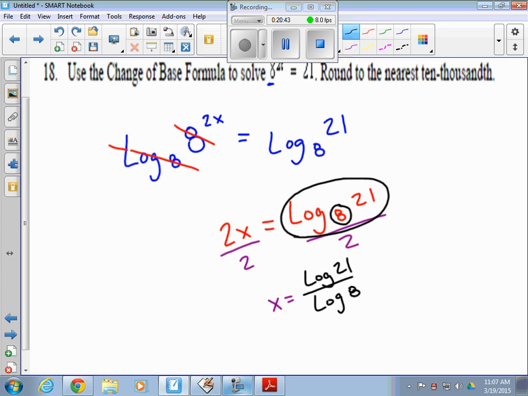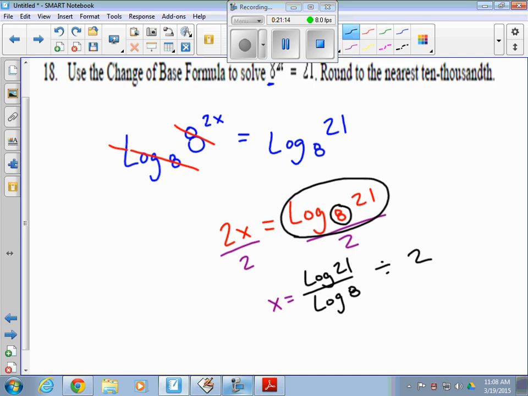Log of 21 divided by the log of 8. And then those are being divided by the last part, 2. So I know that looks goofy to say, but you're going to do it just like that. Log 21 divided by log 8, and then divide all of that by 2.